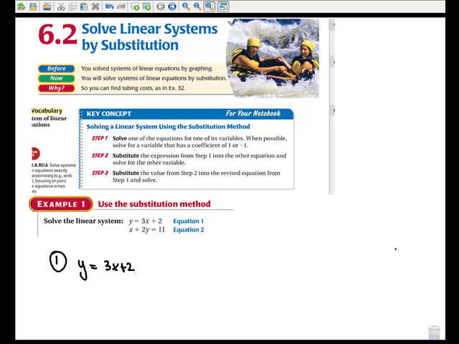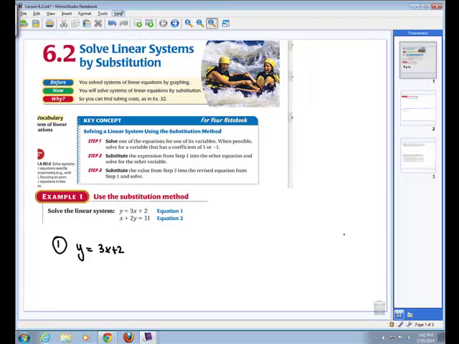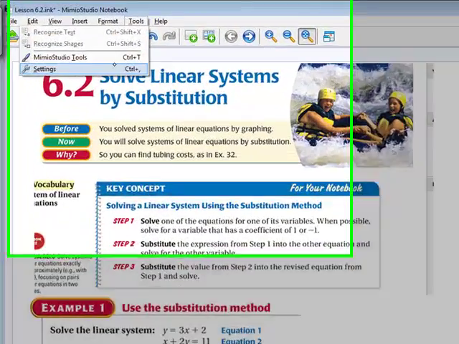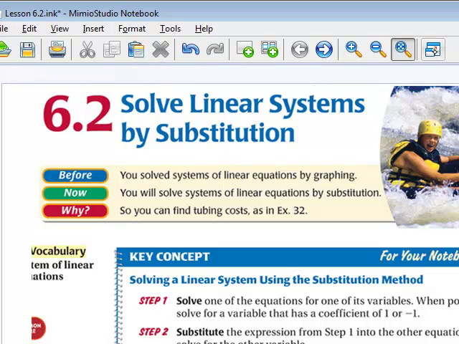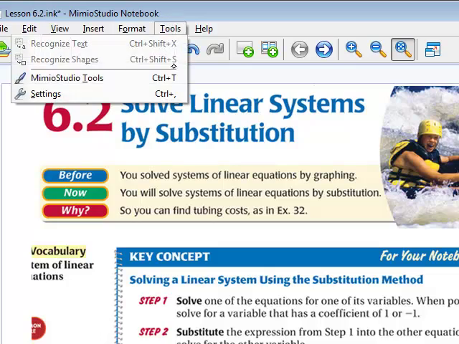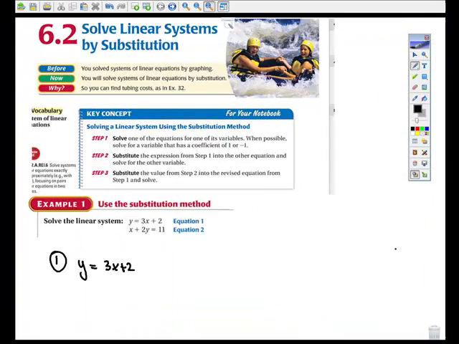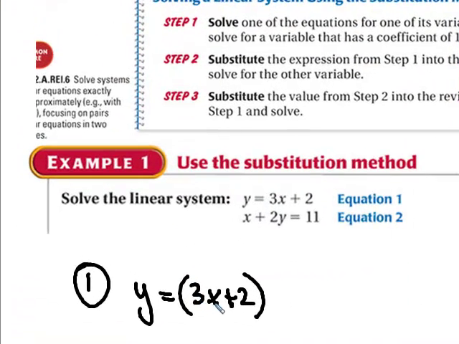What I want you to do is get into the habit of putting this expression in parentheses. It's going to come in handy in just a few minutes. You'll see why. So there's step 1.